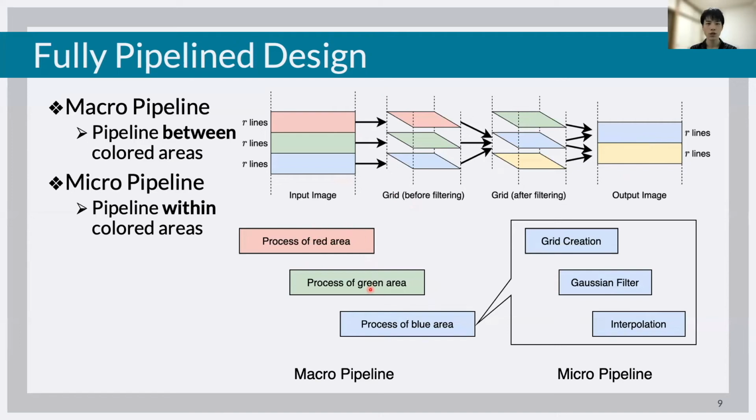Also, in each group, such as this blue group, we have 3 steps: grid creation, Gaussian filter, and trilinear interpolation. We can also pipeline these steps in this way. This stepwise pipeline is called a micro pipeline. By utilizing these two pipeline methods, we can minimize the execution time.